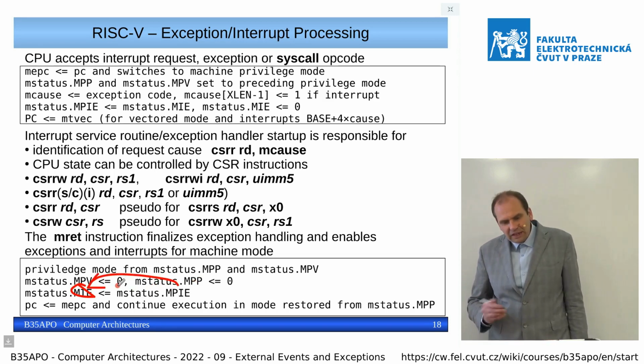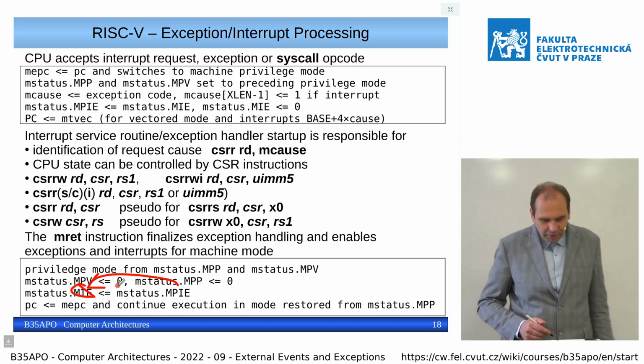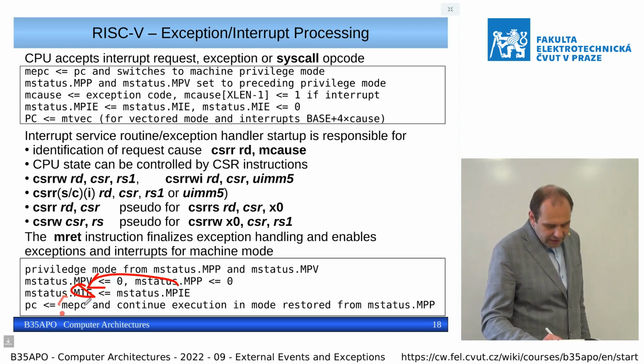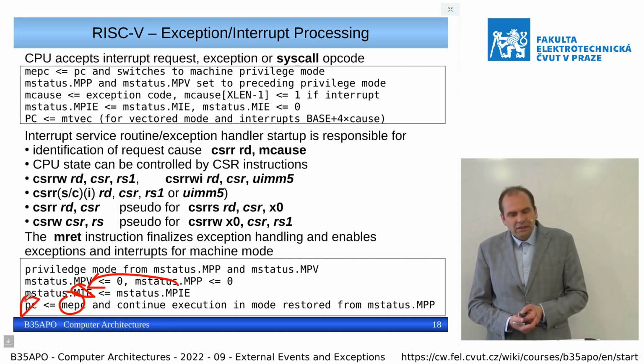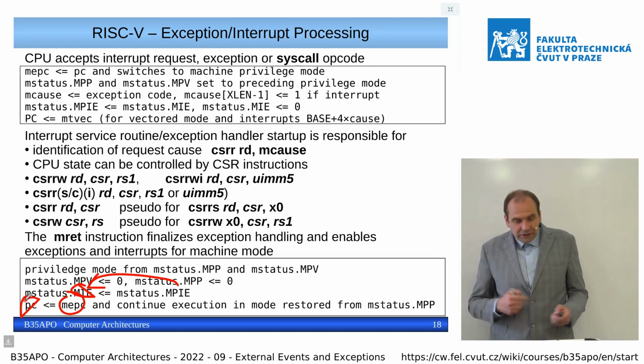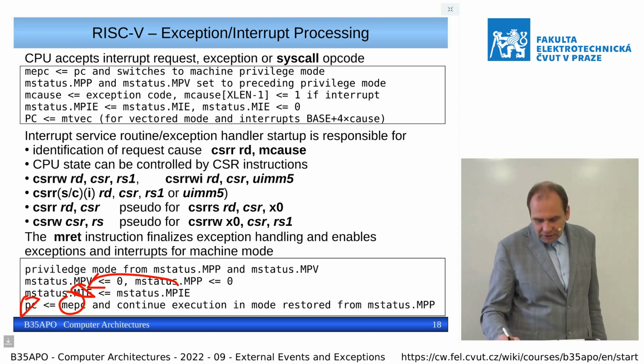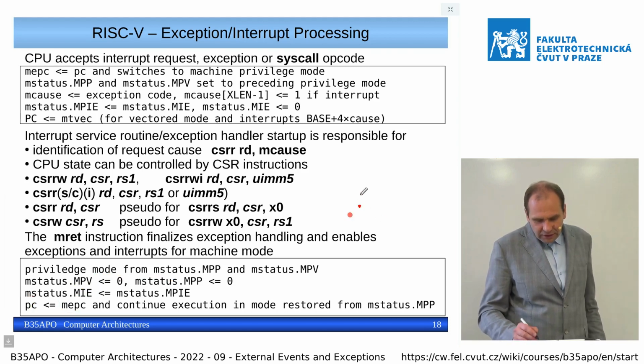So this allows, atomically in fact, enabling the interrupt at the moment we return from the interrupt processing. And the last step is that the program counter returns to the address of the instruction which is the first one unfinished in the instruction stream of the main program, the background program.